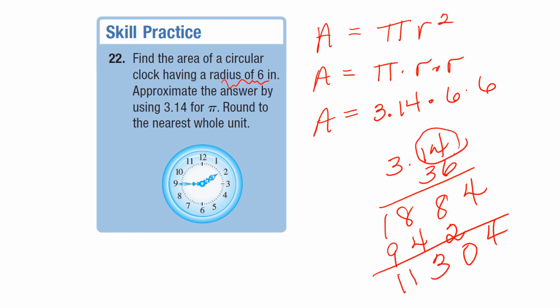And 2 decimal places here, so it's 113.04, and the radius is inches, so we have inches times inches is going to give me inches squared. So area is found in square inches here.